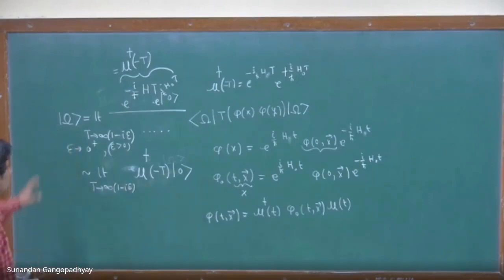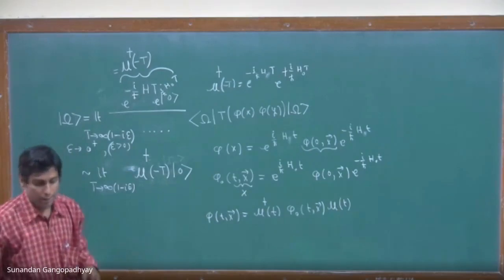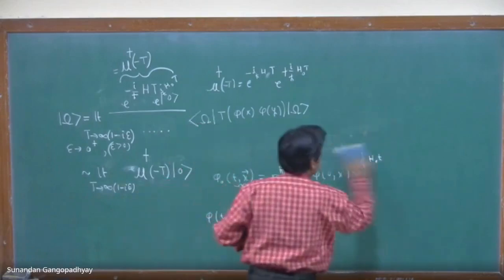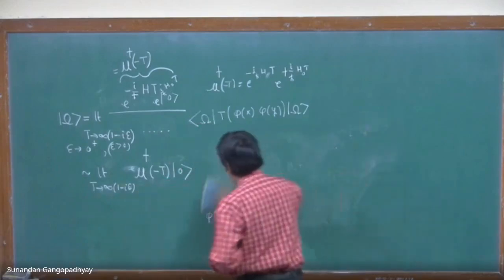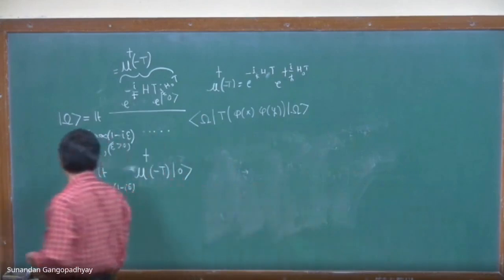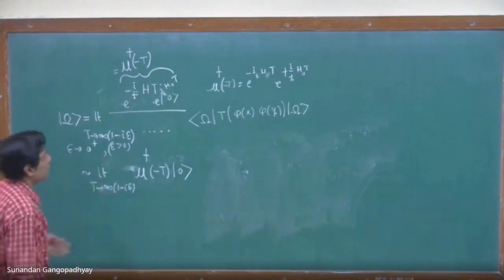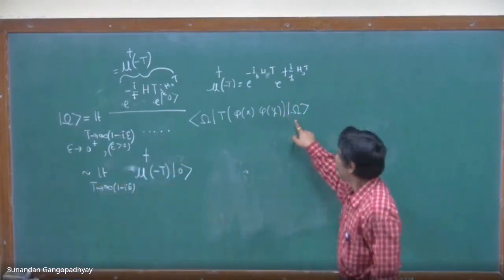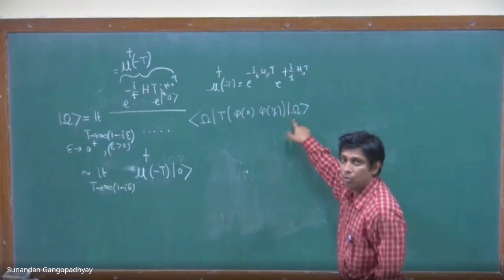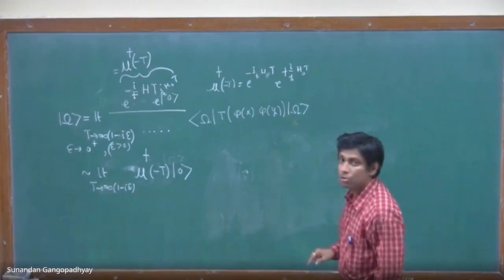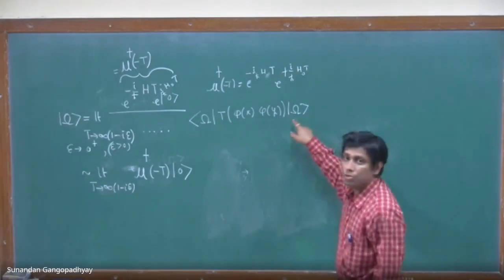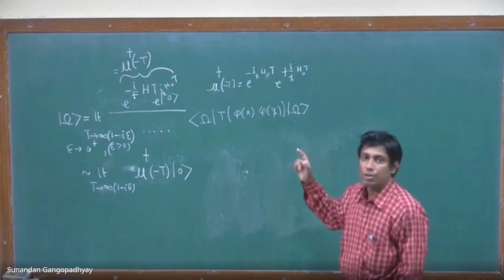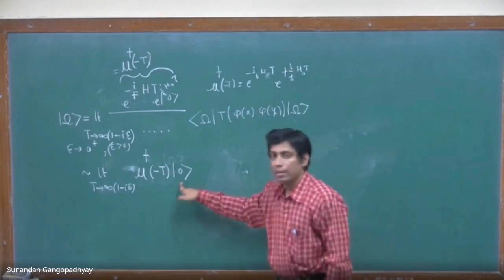I just summarized it for you once again. So if you have any doubts here, you can ask once again. If you have any questions or comments about this expression, then you may ask at this point. So what we see is the following. We want to know what this state omega is, because we have no clue about what this is. But now what we have managed to do is relate the ground state of the full, interacting theory to the ground state of the free theory.